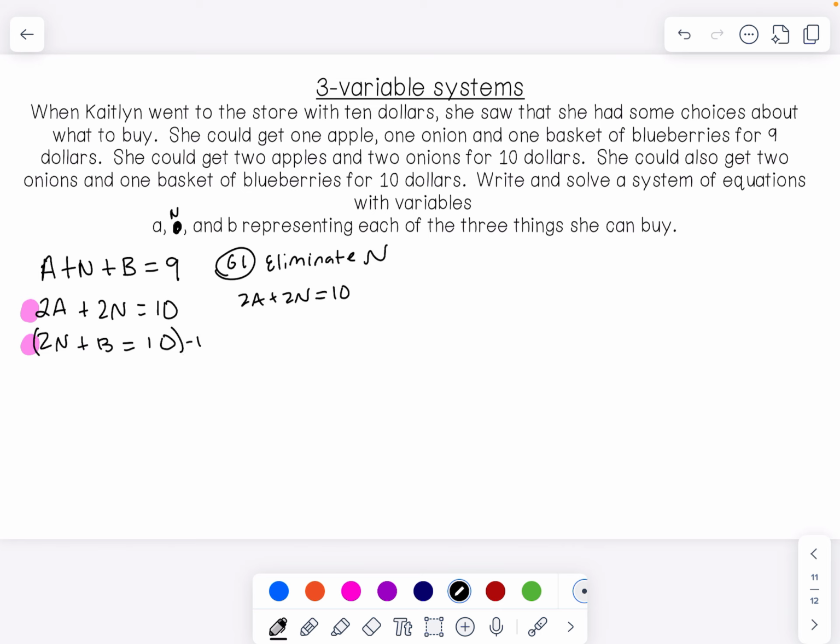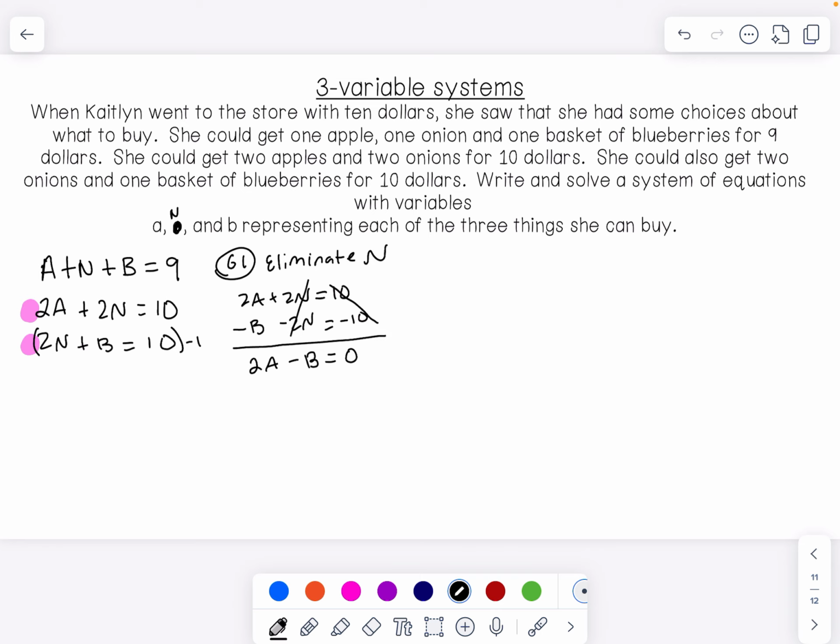So that's going to give me -2N minus B equals -10. When I combine those, I do see that the two N's cancel. My A and my B I can't combine because they're not like terms. So that's going to leave me 2A minus B. Weirdly, my 10s also cancel, leaving me with 0. I do want to bring that 0 down because I need something on that side of the equation.